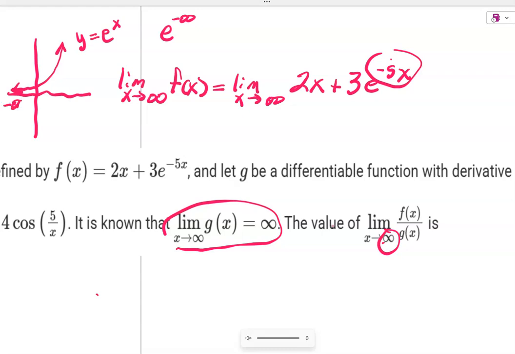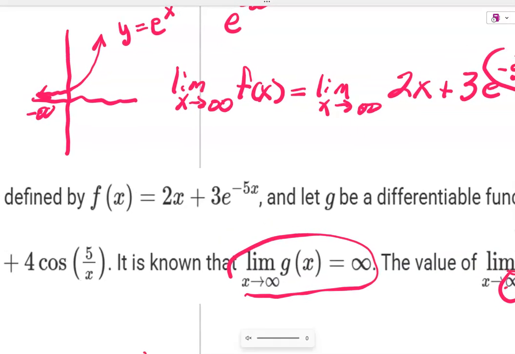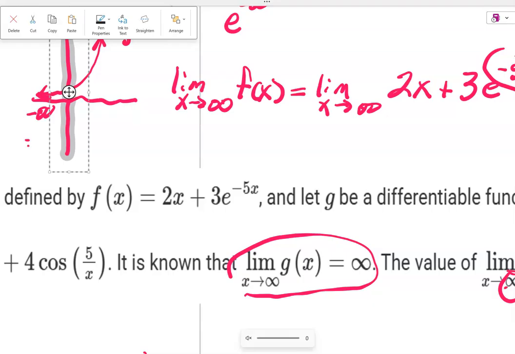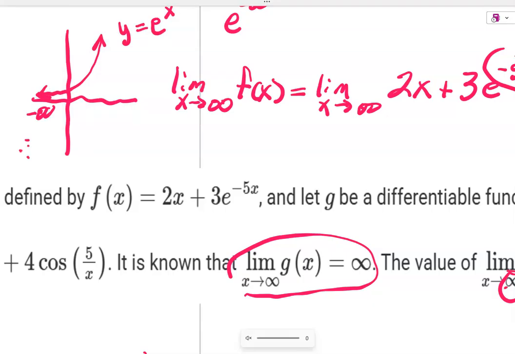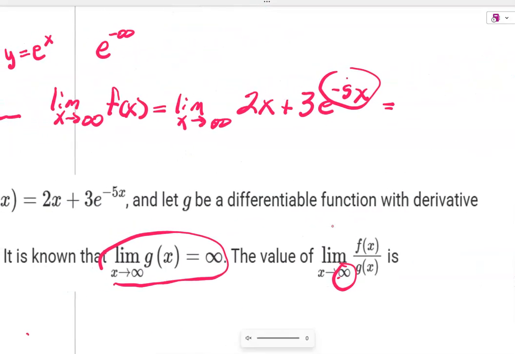What's happening as you go to negative infinity? Look at the graph. If you know that shape of e to the x, you'd say, hey, the graph will show me that when I'm going to that negative infinity, e to the x is getting close to 0. That's that horizontal asymptote. So what's going to happen? You can say, well, that's kind of like 2 times something infinite plus a 0.